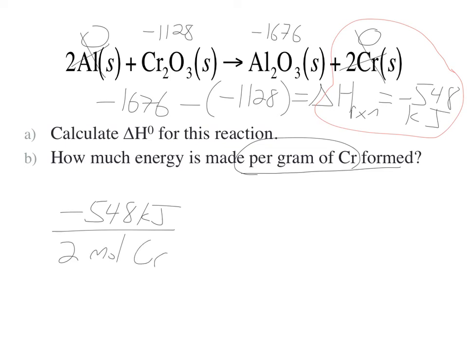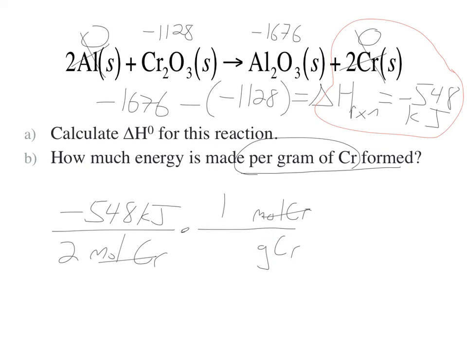If I need this per grams, all I need to do is cancel out the moles. This is kilojoules per mole. I need kilojoules per gram. So moles of chromium into grams of chromium, moles will cancel out, and now I have kilojoules per gram. To do that, we just need the molar mass.